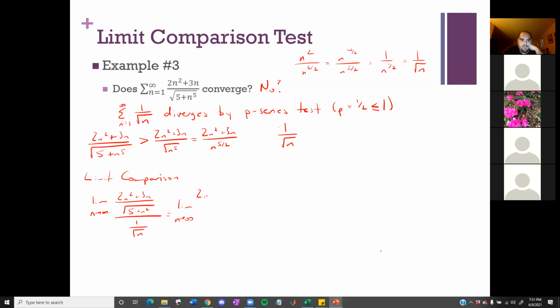So that'll make this 2 times n to the 5 over 2 plus 3 times n to the 3 over 2, over 5 plus n squared to the... All right, so what can I do with this limit?